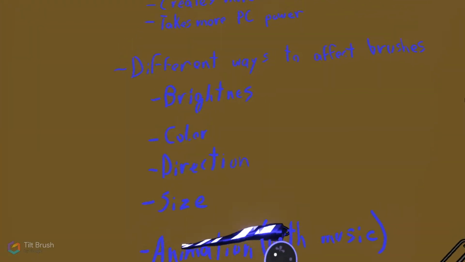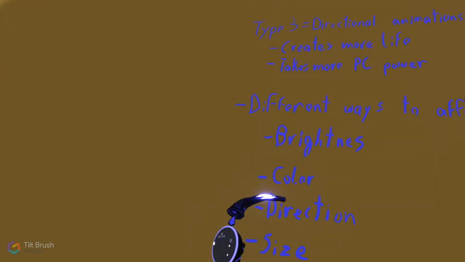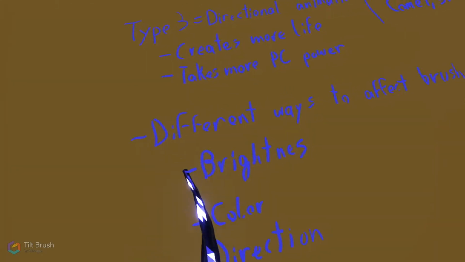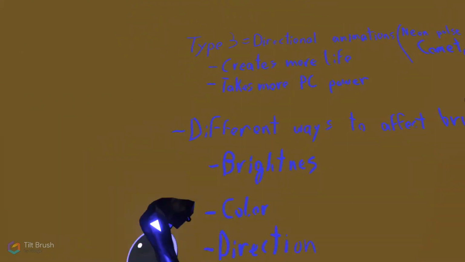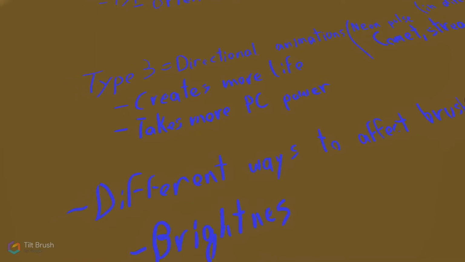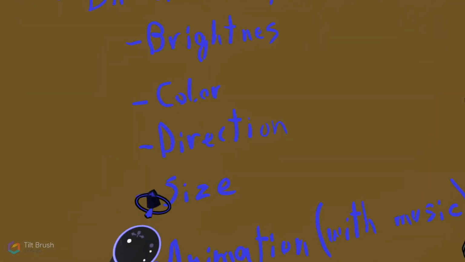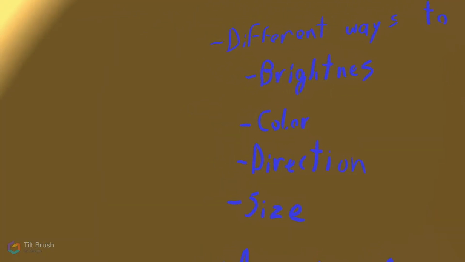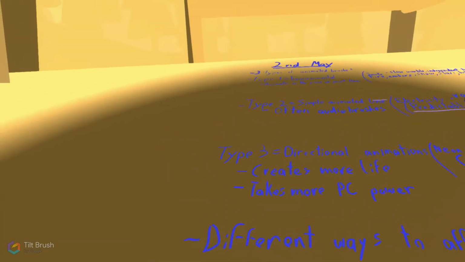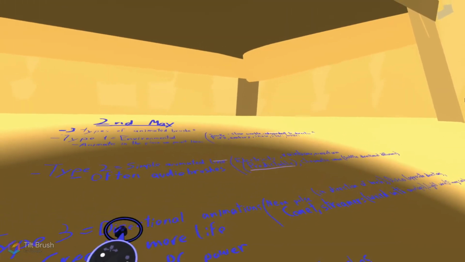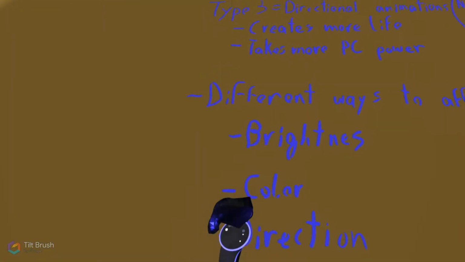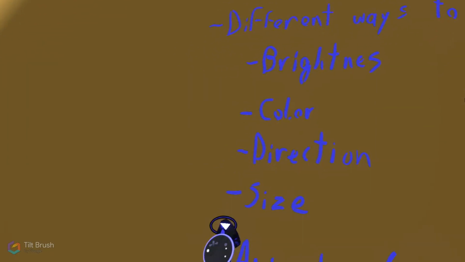So you can change the direction. And like most of these, type 3 is much more changeable. For example, type 1 is generally not animated with music and you cannot really change a direction. Type 2, you can change the direction, but it's a predictable direction.